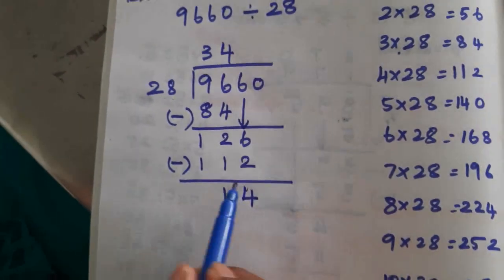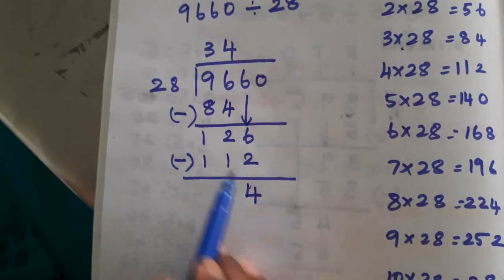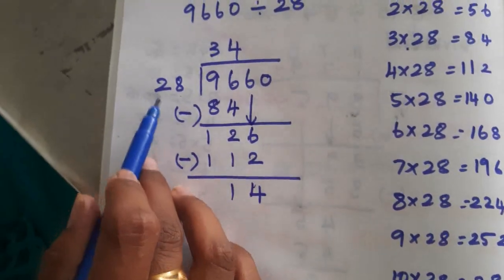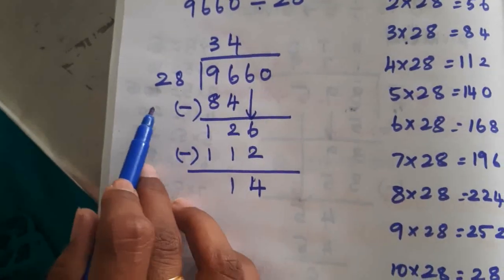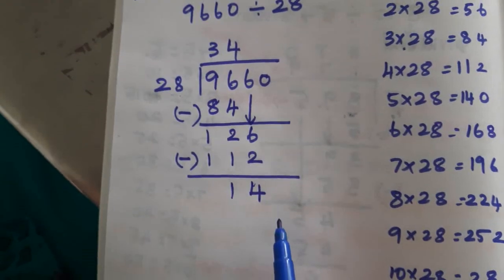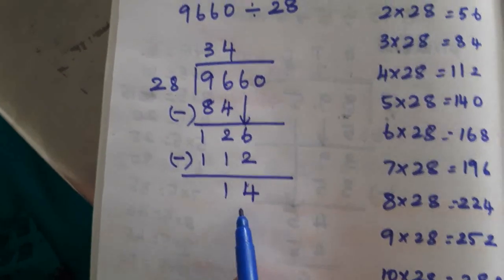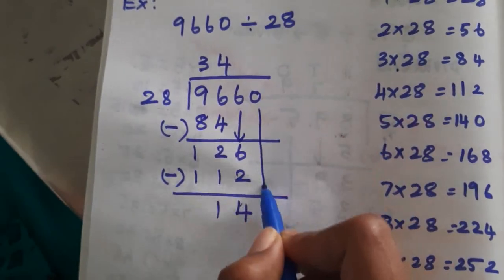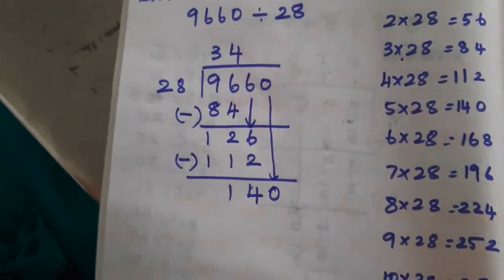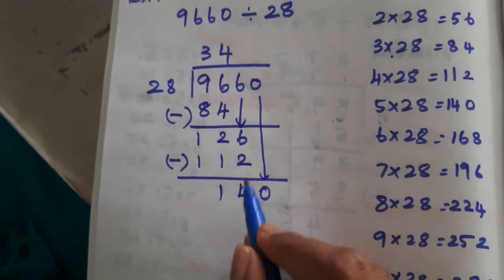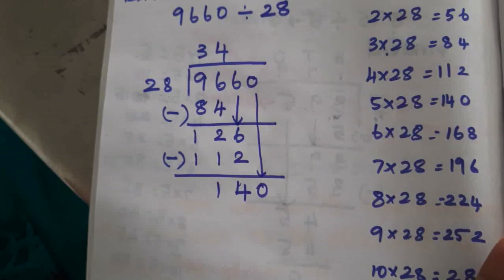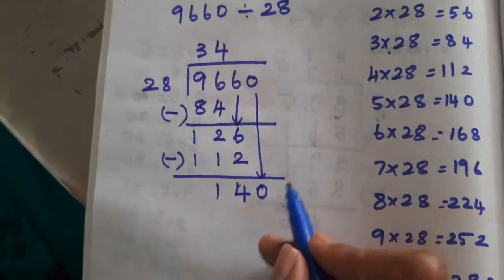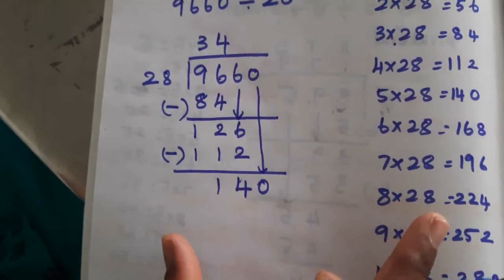It's 0. So see here 28, 140. While you compare with the divisor, I told you, the dividend should always be greater. But here it is 14. So in such a case you have to get help from the next place. It's 140. If there is no number after that place, you keep it as it is.